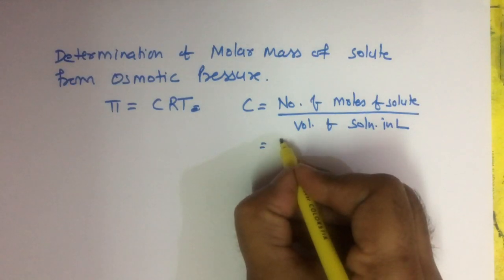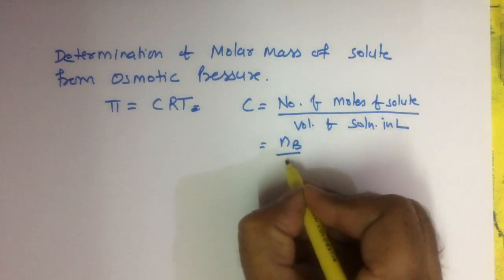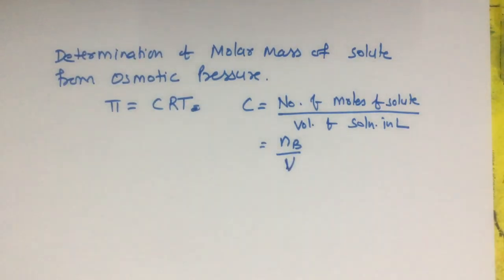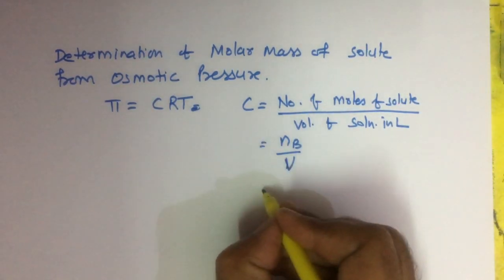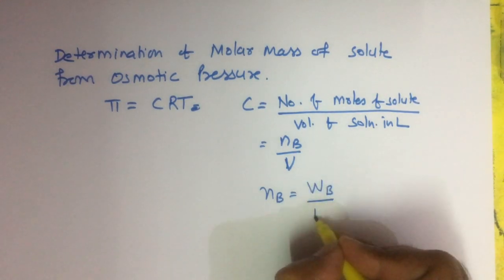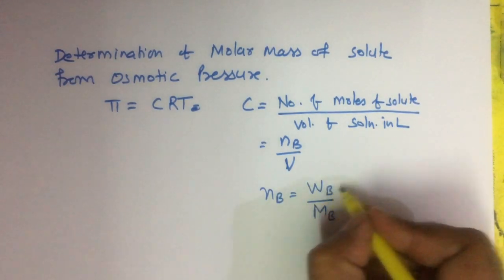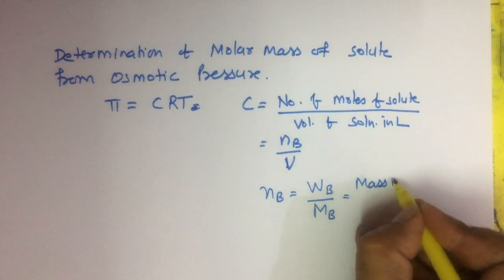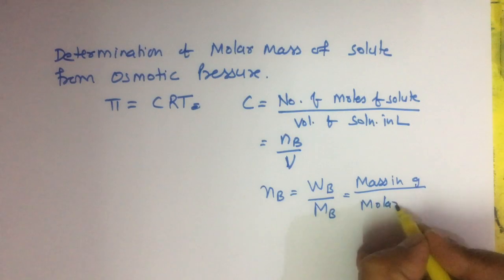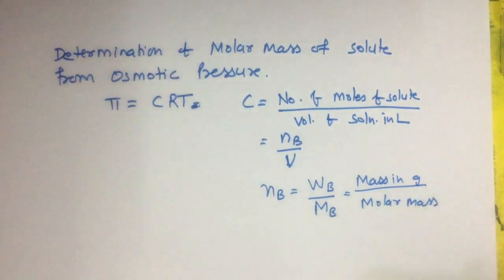This is equal to NB upon V. V is the volume, N is the number of moles of solute, and NB, number of moles of solute, is equal to WB upon MB, where WB is mass of solute in grams and MB is molar mass.